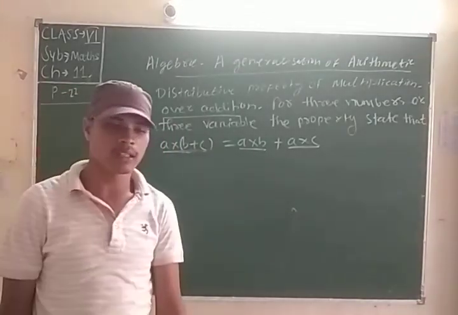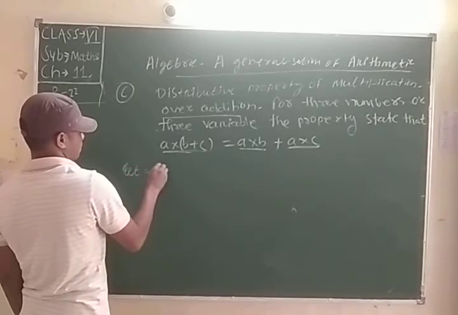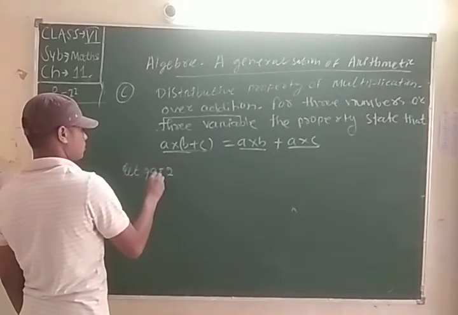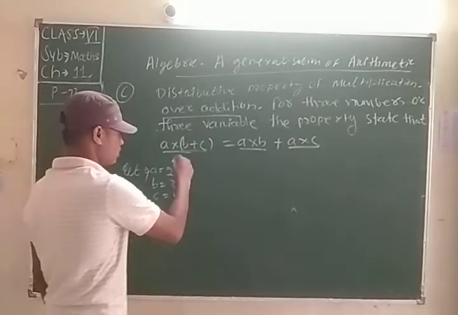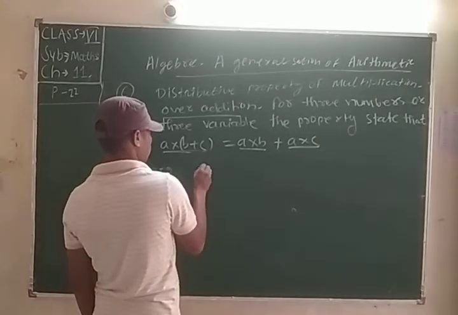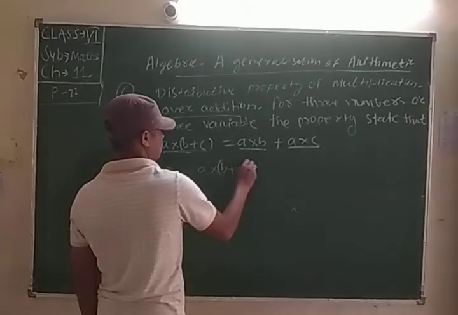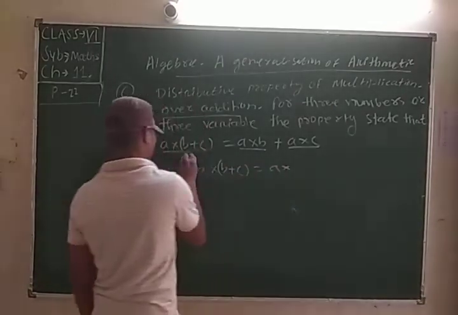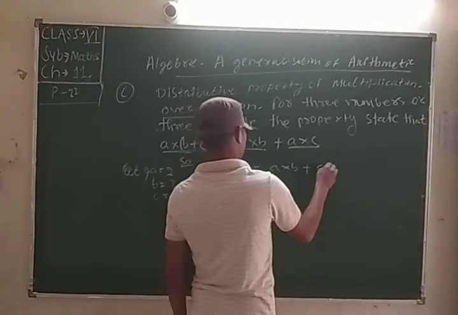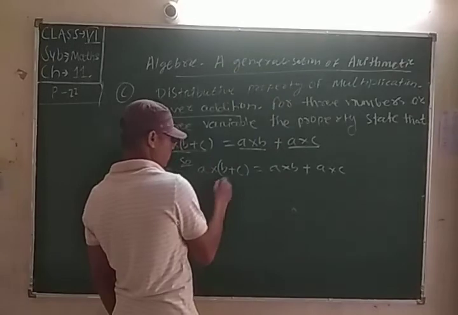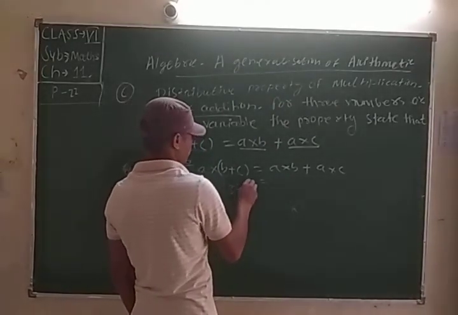Now we will take its first example. Suppose a equal to 2, b equal to 3, c equal to 4. So a into b plus c equals a into b plus a into c. Here a equal to 2, b equal to 3 plus 4.